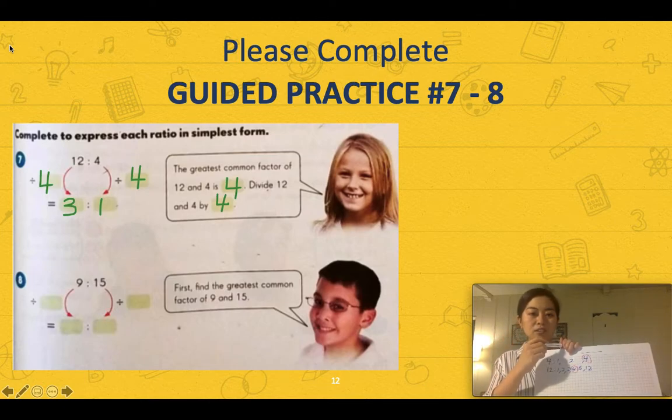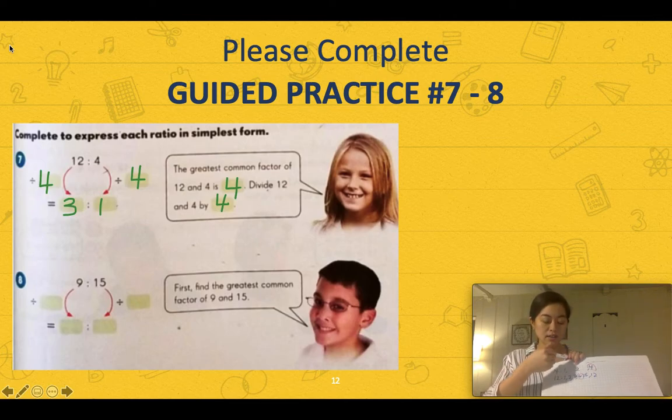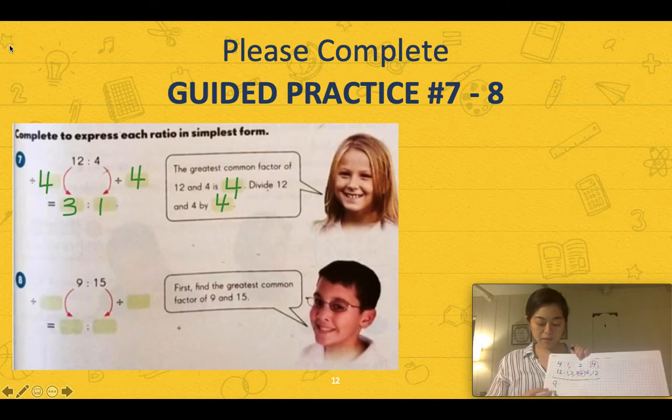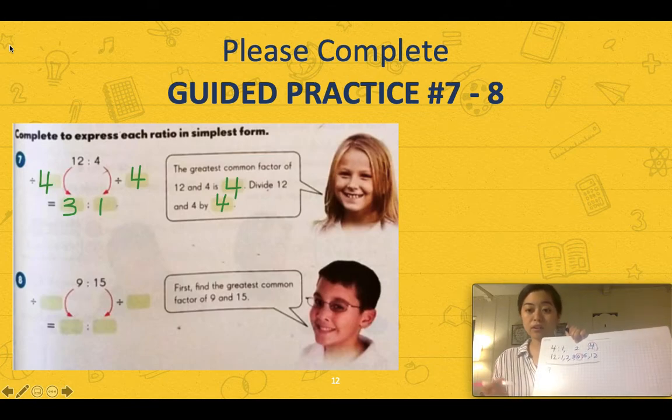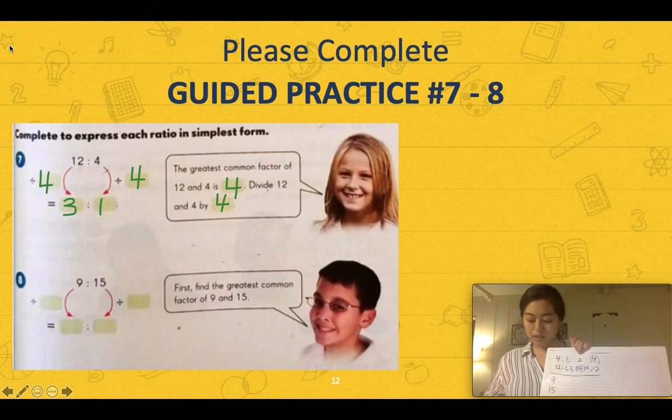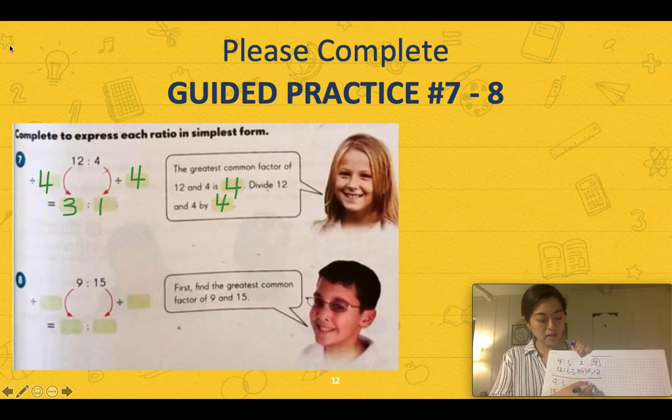Let's find the greatest common factor of 9 and 15. So here I'm going to write 9, and I'm going to write 15. For 9, I just like to write all the factors. So 1 and 9. What else? I have a 3 and a 3, so I can just write that once, and that's it.